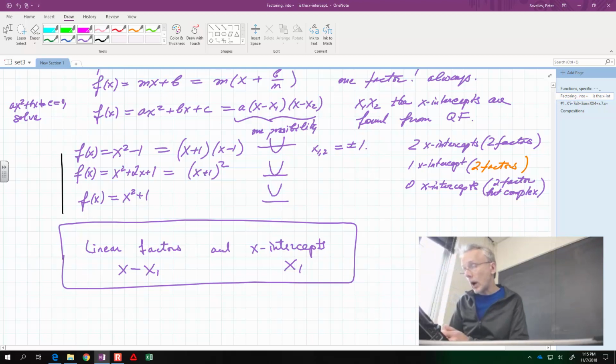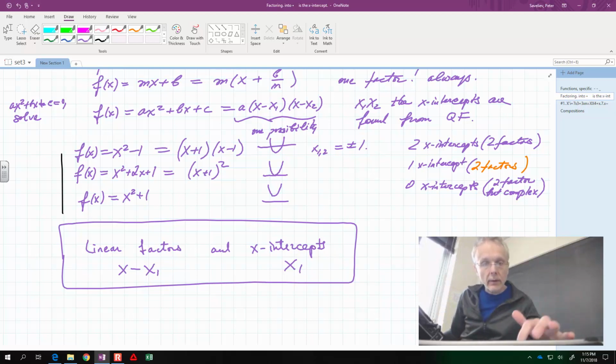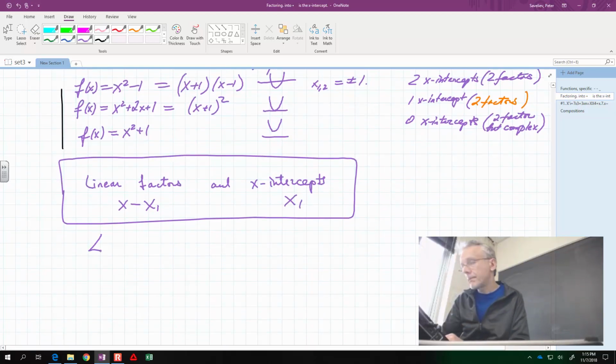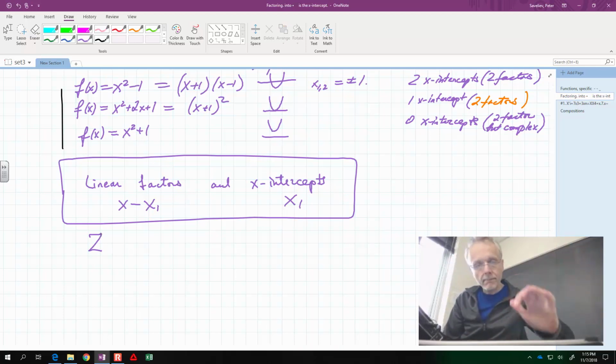So if we have x minus x1, there is this rule of numbers that is probably worth reminding you about. It's called the zero factor property.